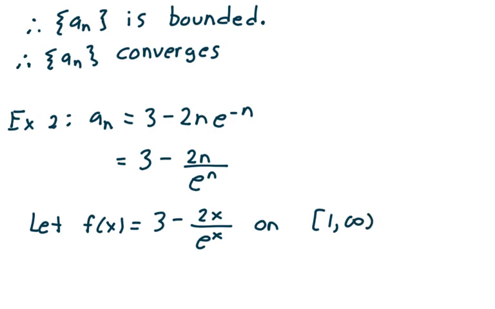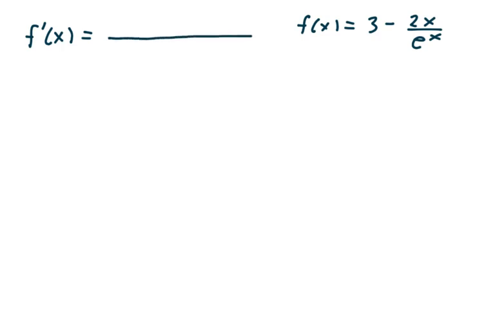All right? Now, let's take the derivative. Let's again remind ourselves, f of x is 3 minus 2x over e to the x. So we're going to do the quotient rule. The derivative of a constant is 0, so we're focused on that second term, right?